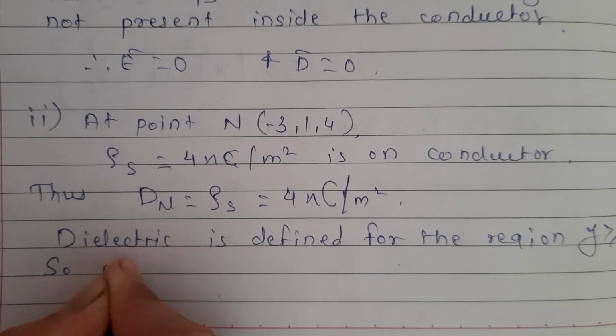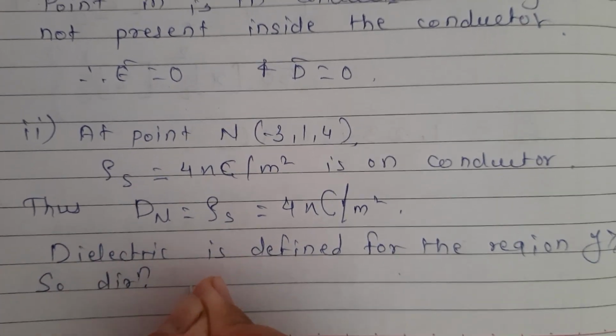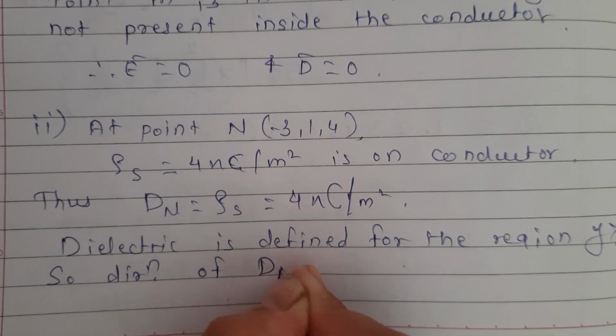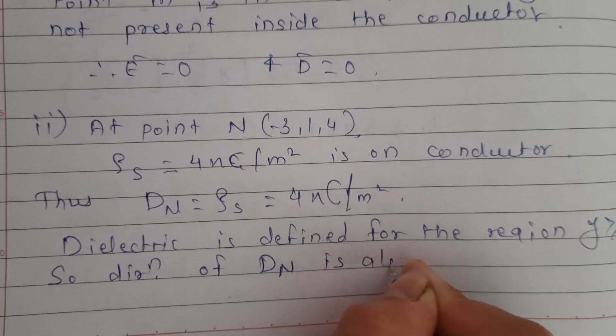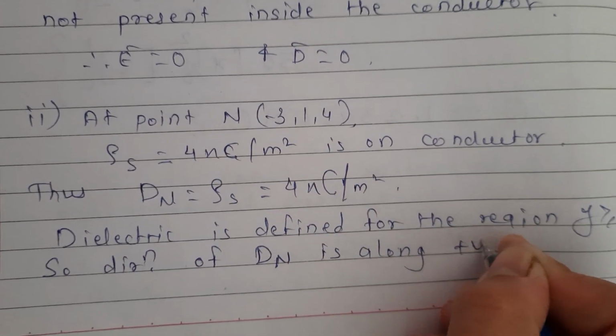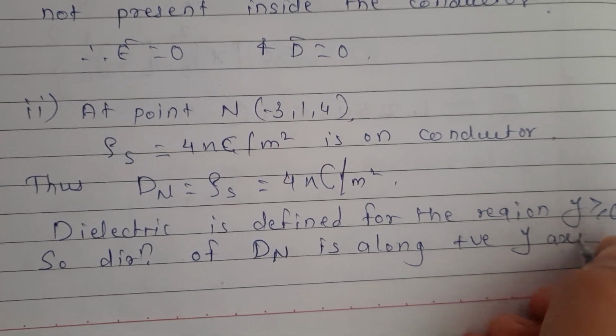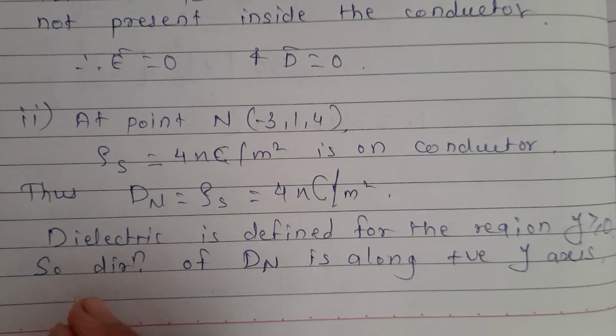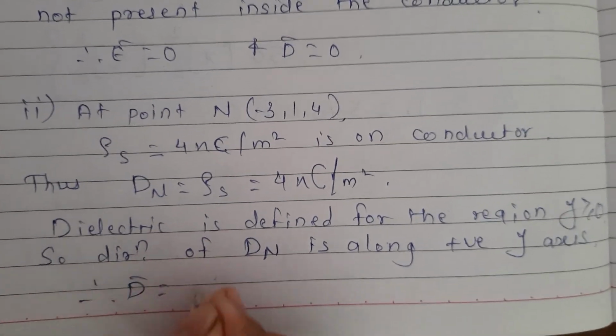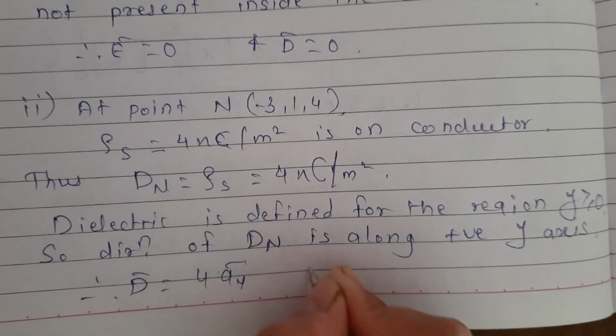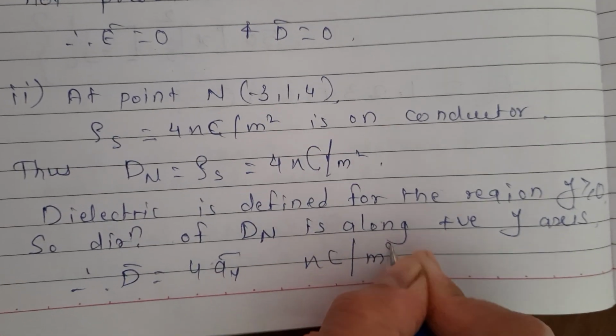So the direction of dn is along the positive y-axis. Therefore D bar is equal to 4 ay bar nanocoulomb per meter square.